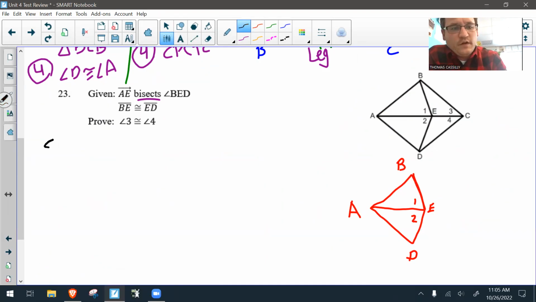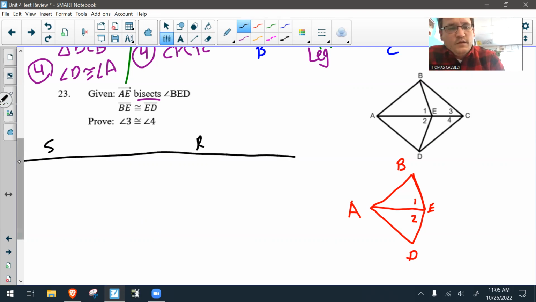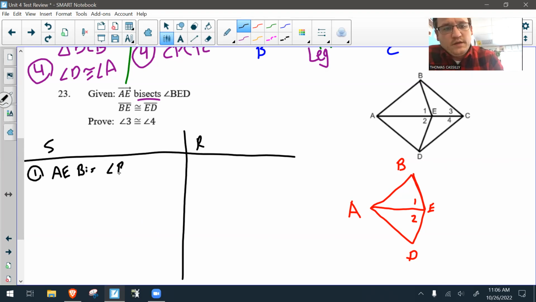So now I'll take my time on this. We have statements, and we have our reasons. So step 1, AE bisects angle BED.